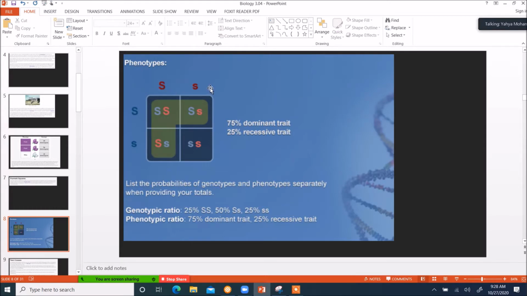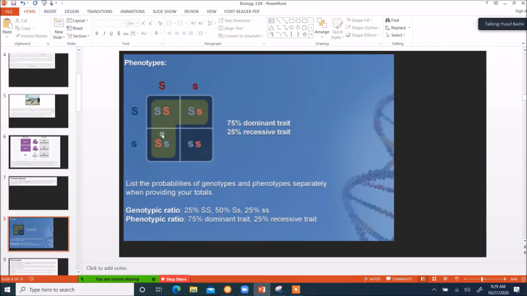In meiosis you don't get both of these chromosomes, capital S and lowercase s. It randomly, just like you flip a coin, 50%, 50%, could get either the capital S or the lowercase s to go into the gametes. And over here in the blue, same thing for this other parent. Randomly, you're going to pick either the capital S or the lowercase s.